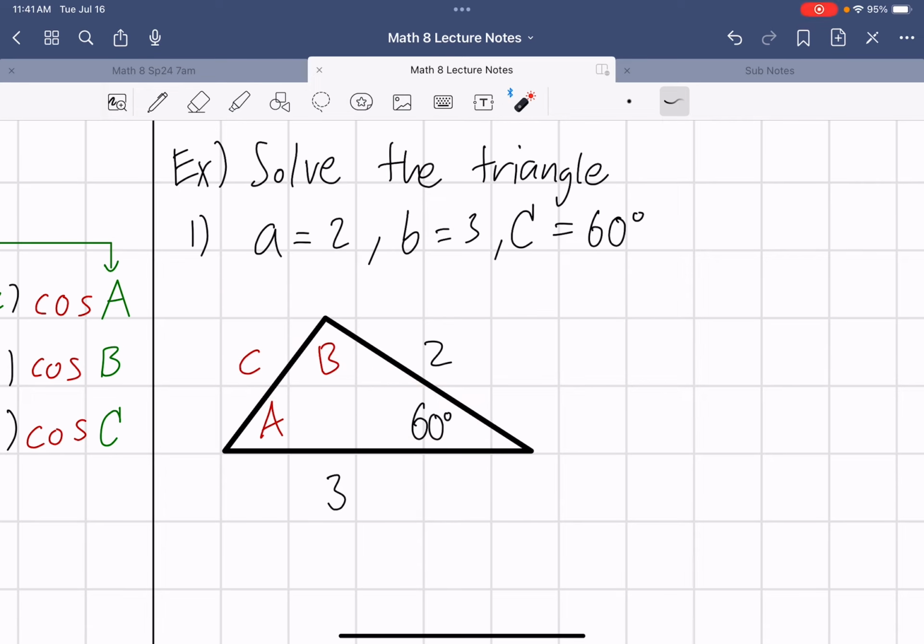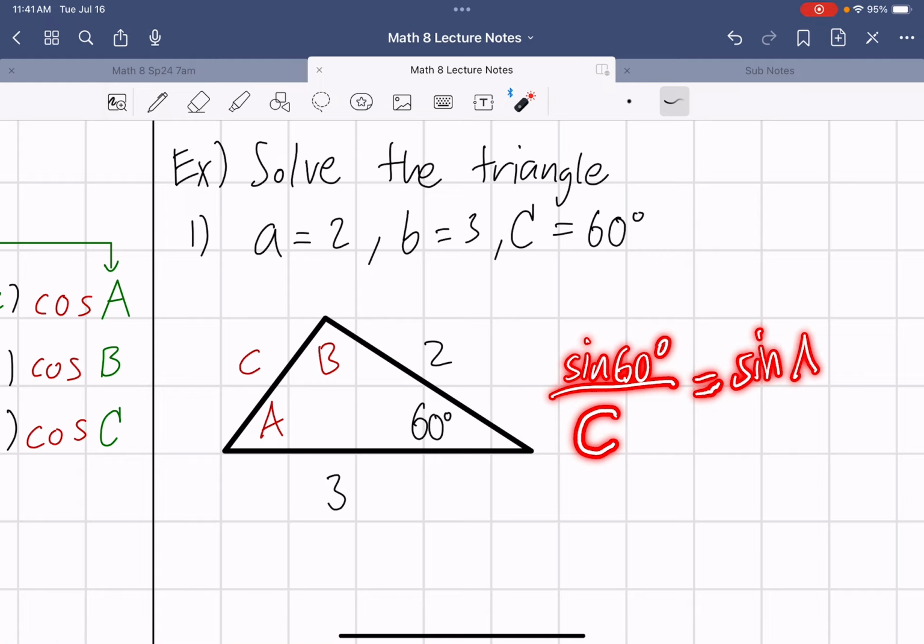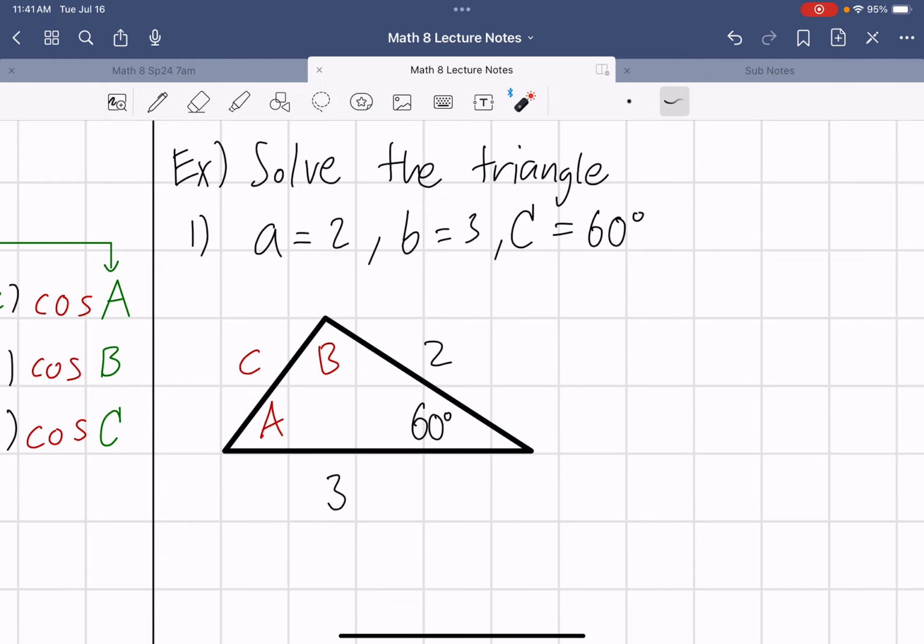So even if I start with sine 60, because I know sine 60, I don't know the side that corresponds to it. And the moment I choose any other angle, I will automatically already have two unknown variables, and that's not going to work. The moment I pick any other one, I already have one unknown variable. The moment I pick a second one, I'll have my second unknown variable.